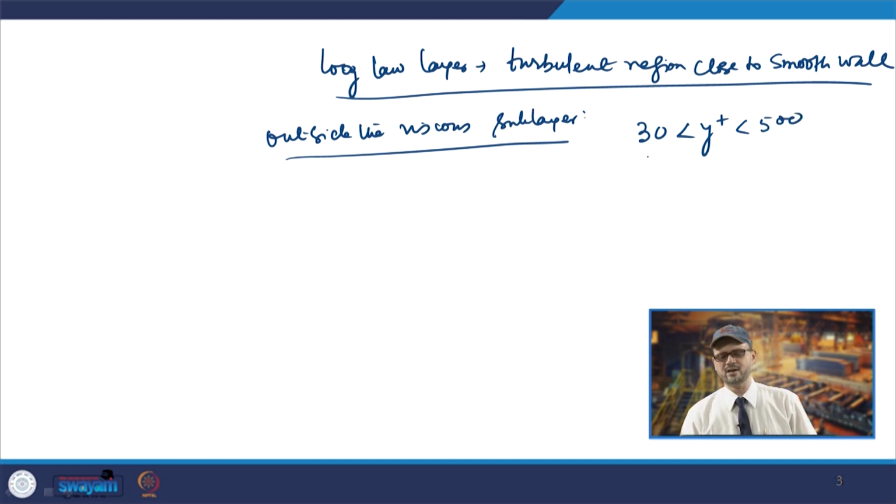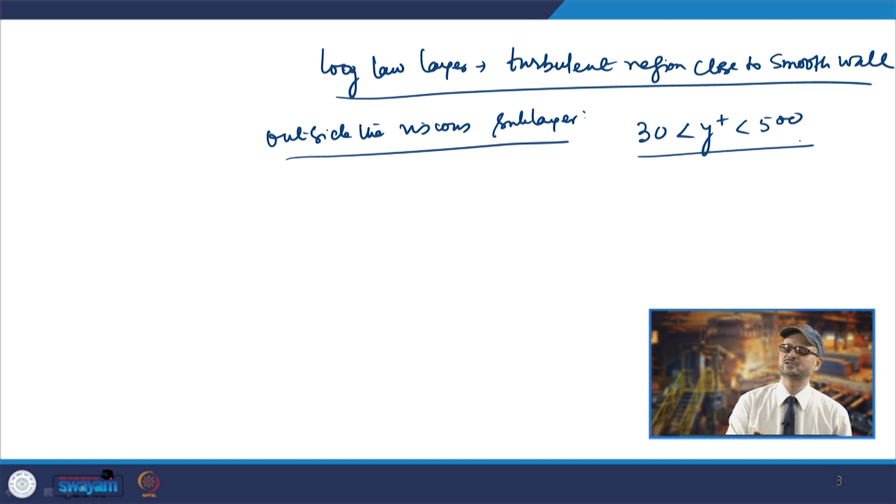Here both the viscous stresses as well as the turbulent effects are important in this region, that is when you are going for the y plus value more than 30.